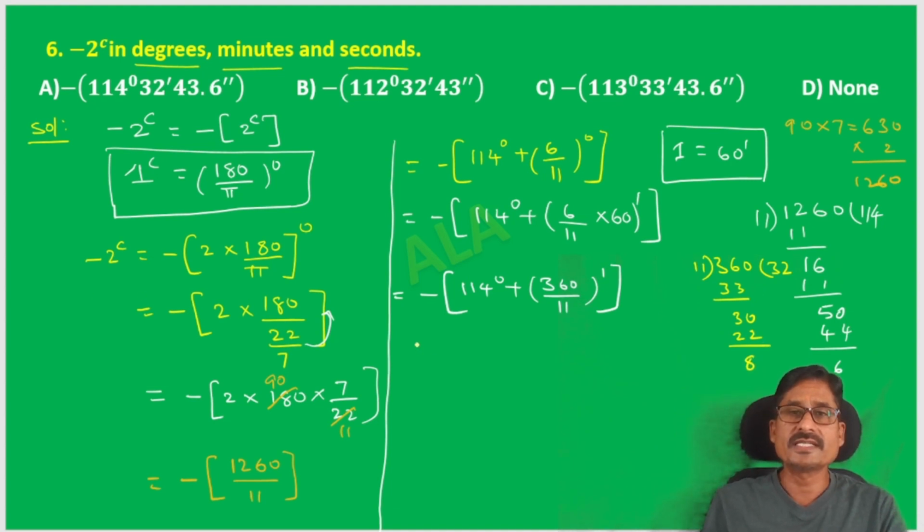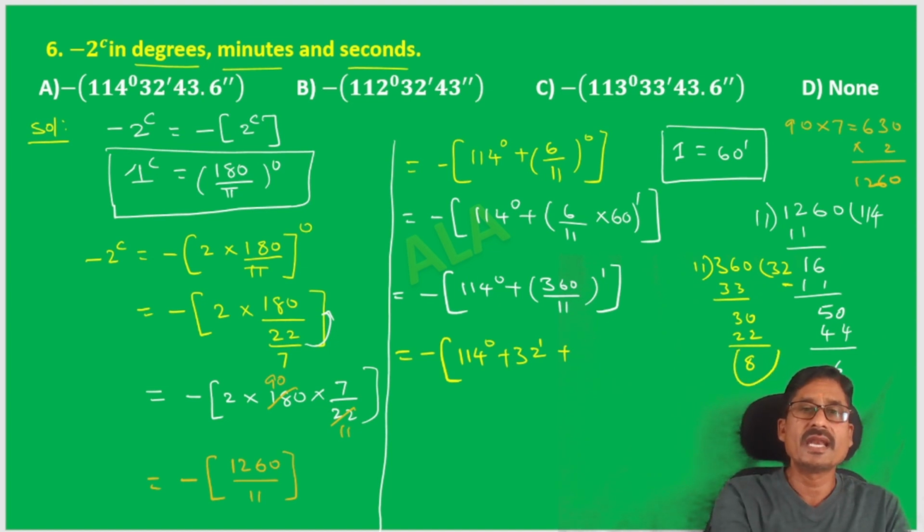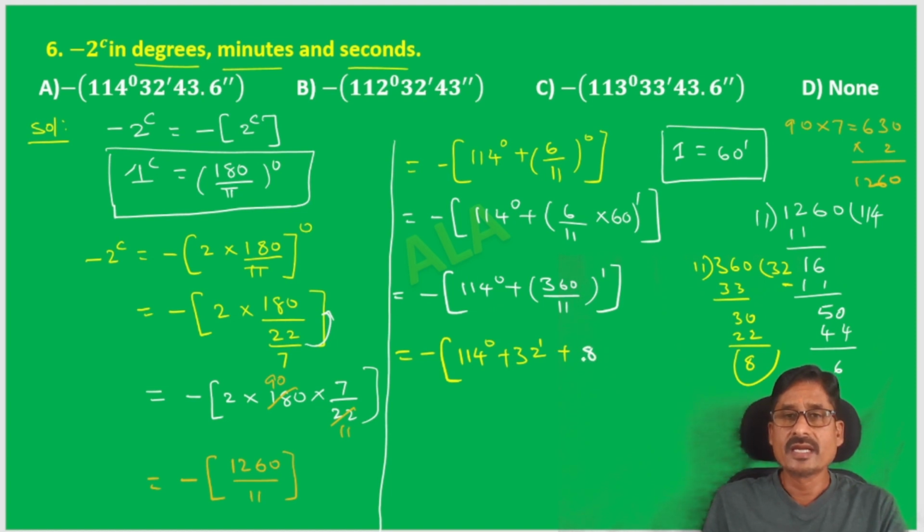Now what we write, in that minutes, 32 complete minutes are there. 114 degrees plus 32 minutes, and plus the remainder we got here, 8. 8 by 11 minutes remains there.